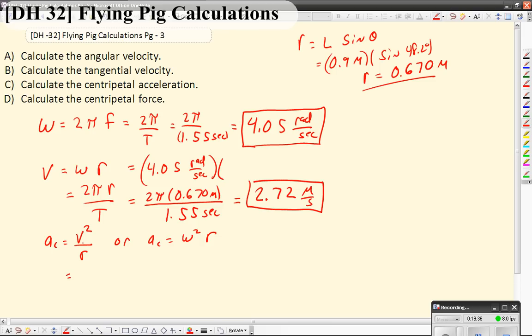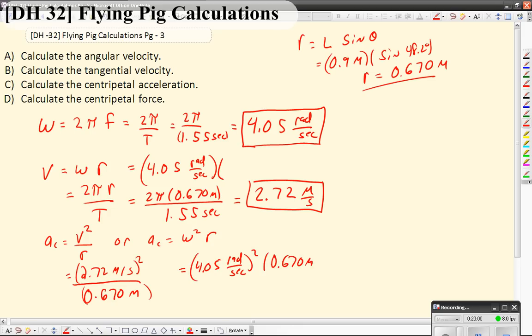So when you take the tangential velocity of 2.72 meters per second, square it, and divide by the radius, 0.670 meters, or if you take the angular velocity of 4.05 radians per second, squared times the radius of 0.670 meters, either one should give you centripetal acceleration that is about 11 meters per second squared.